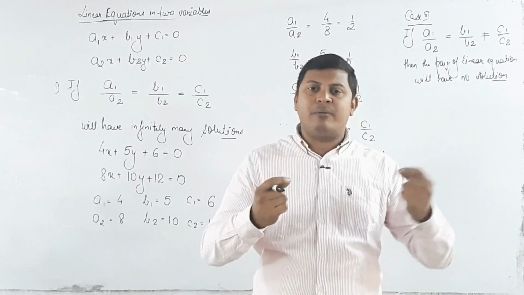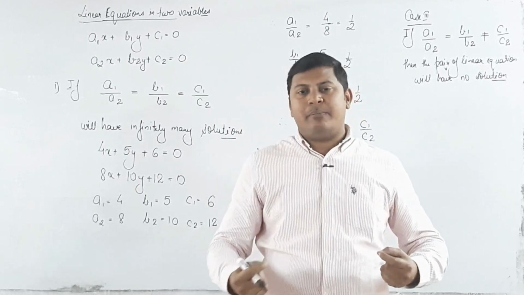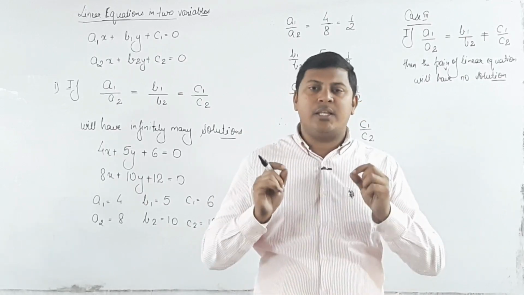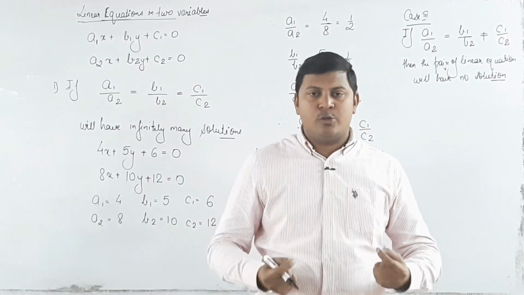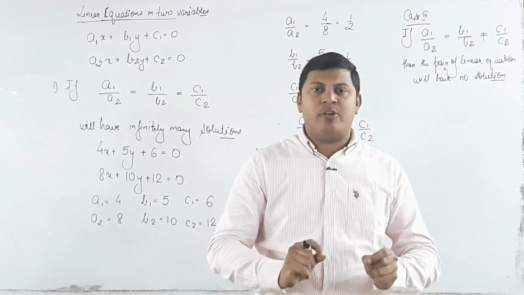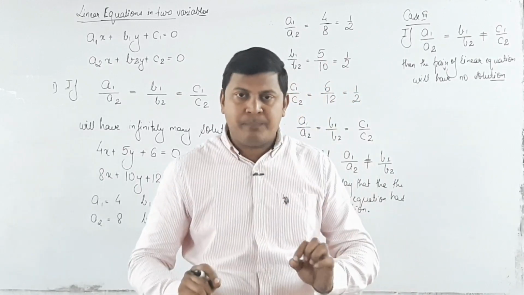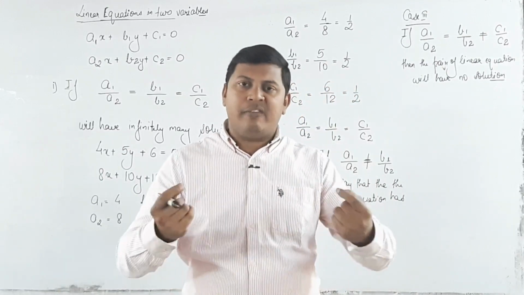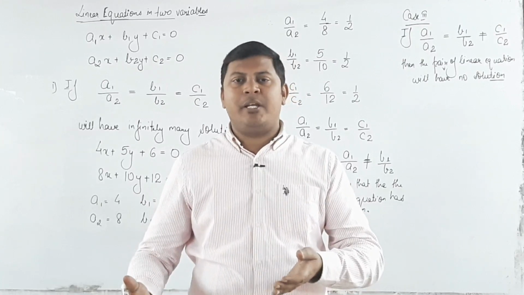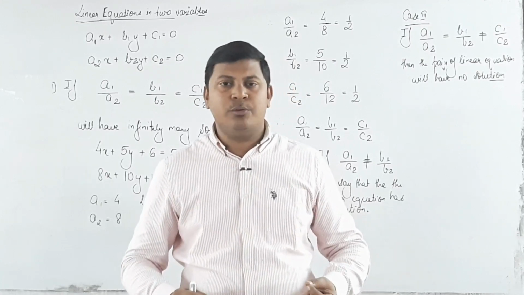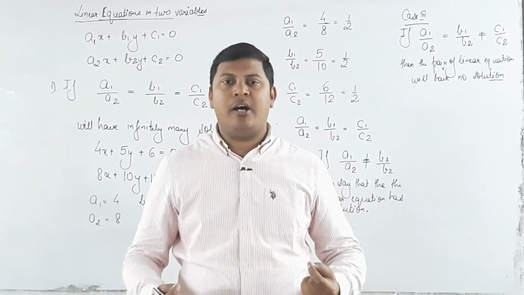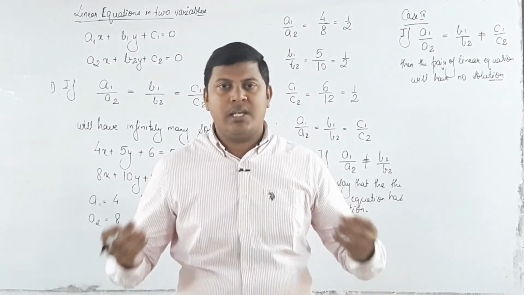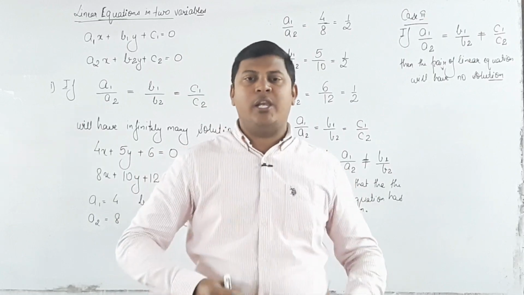If the ratios of a1 by a2 and b1 by b2 are not equal, then the pair of linear equations will have a unique solution, meaning a single value for x and a single value for y. And if the ratio of a1 by a2 is equal to b1 by b2 but not equal to c1 by c2, then the pair of linear equations will have no solution. There would be no value for x and no value for y.